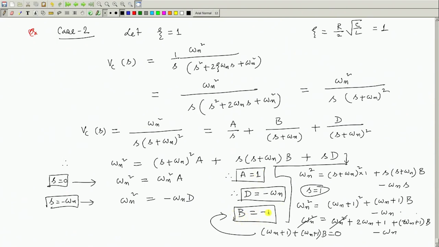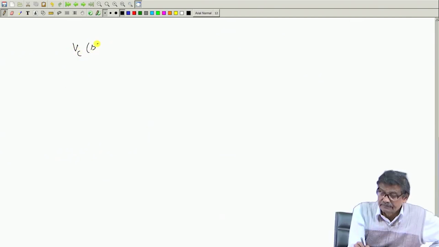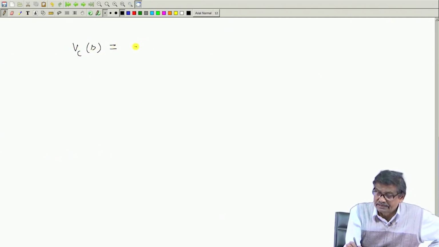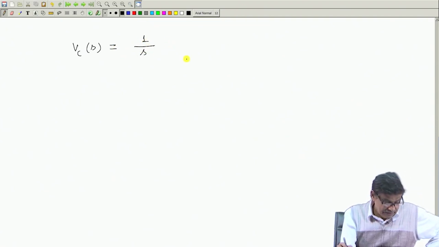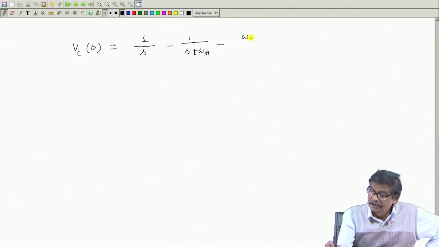Once I get this, under this condition I will write that VC of s is equal to A by s, A was 1, plus B by s plus omega n, so B was minus 1, and finally, D is equal to omega n by s plus omega n whole square.